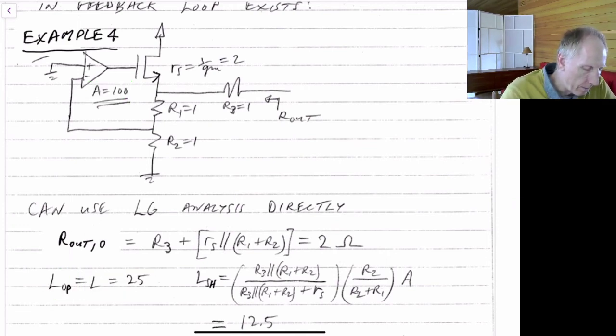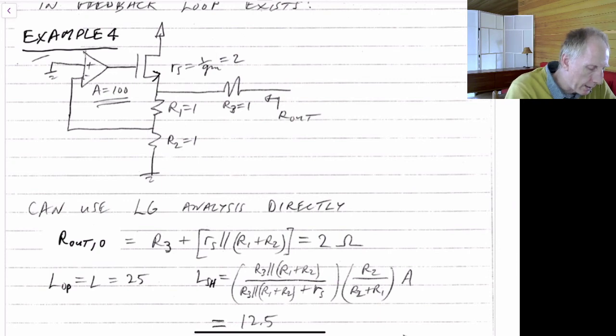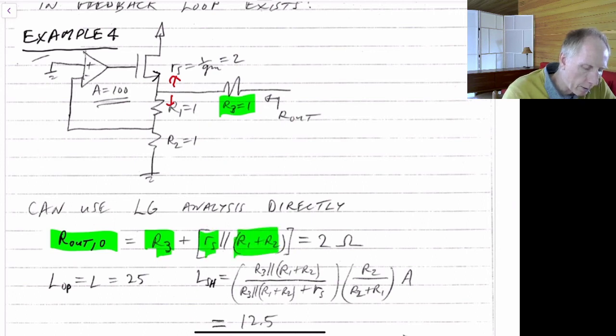Now the port impedance looking in is just going to be R3 in series with the impedance looking down, which will be R1 plus R2, in parallel with the impedance looking up, which is RS. And that all works out to be 2 ohms. So that's still not too difficult to find.